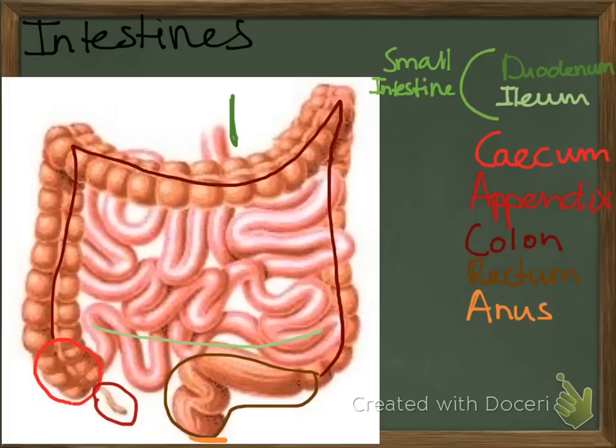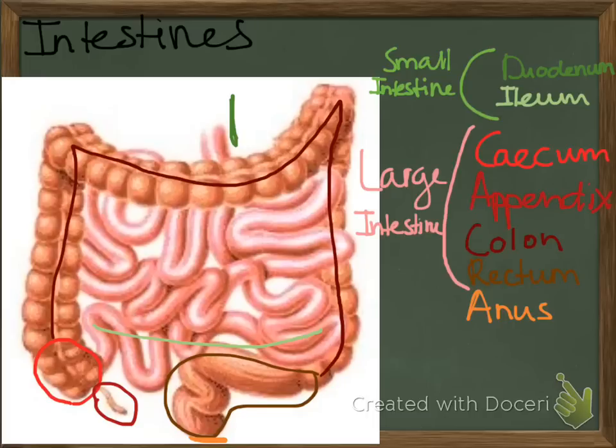And finally, our undigested food gets excreted through our anus, which is a muscle. You can tighten it and loosen it a little, so you can actually hold up your feces were it to be very urgent.